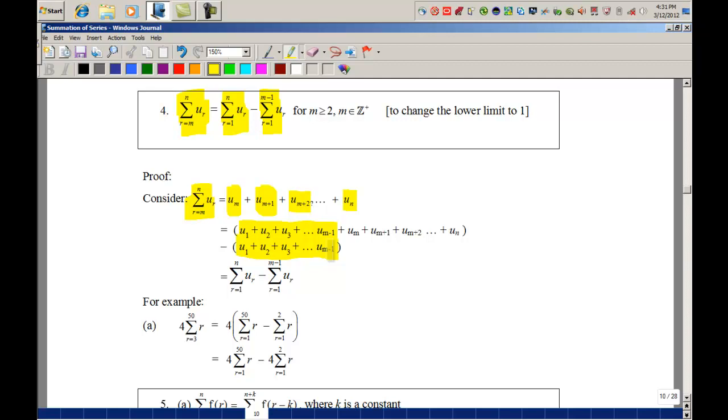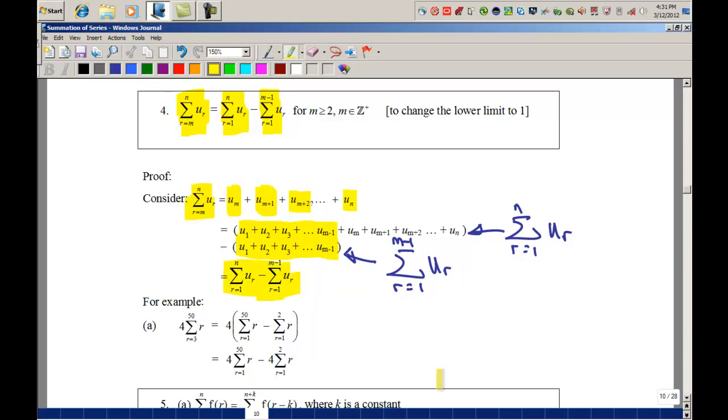Now the reason why I want to do this is because the very first term in bracket here is actually summation r from 1 to n of ur. Now the second bracketed term is actually summation r equals to 1 to m minus 1 of ur, and hence you have the right hand side.